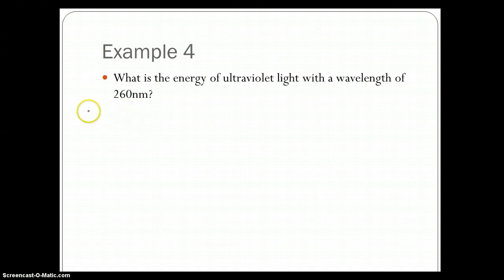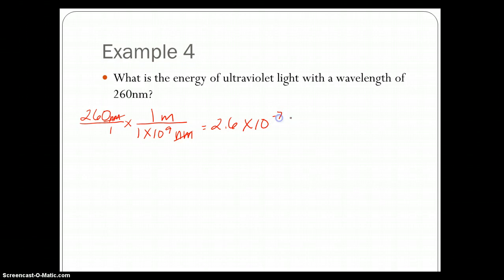So the first thing we're going to have to do is take our nanometers and convert them into meters. Now, 1 meter is equal to a billion nanometers, and a billion is 10 to the 9th. So that means we have 2.6 times 10 to the negative 7th meters for our wavelength.